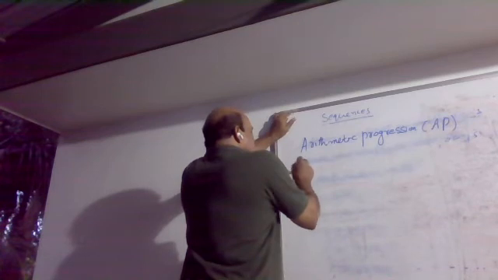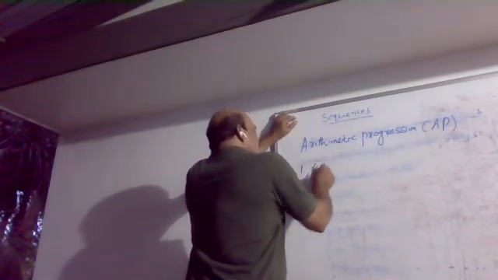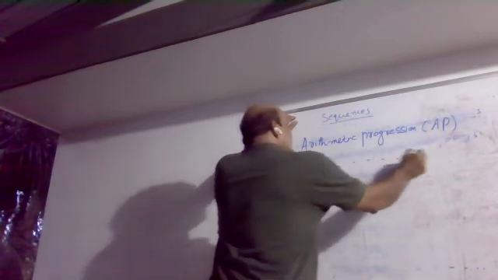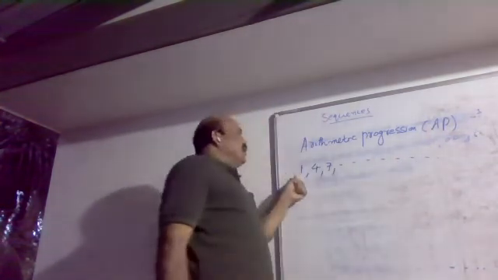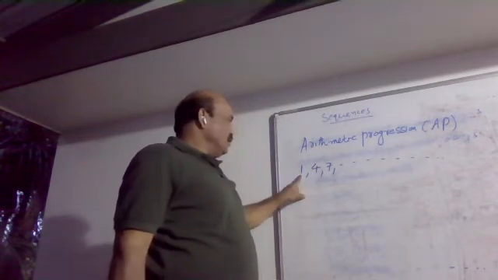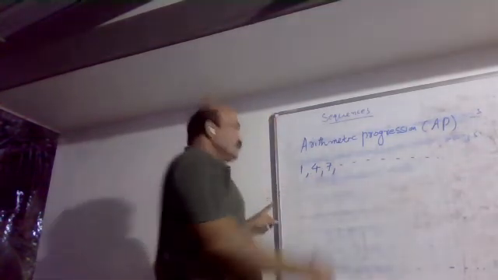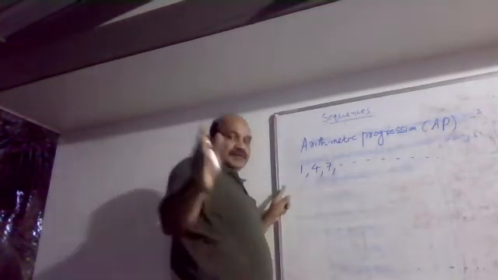You see, 1, 4, 7, etc. is an example of arithmetic progression. Look at this one: 1, 4, 7, etc. How will you form this sequence? How will you get it?